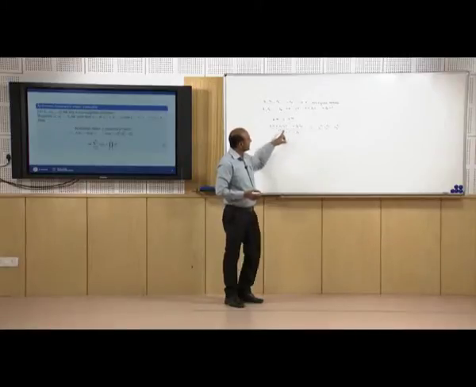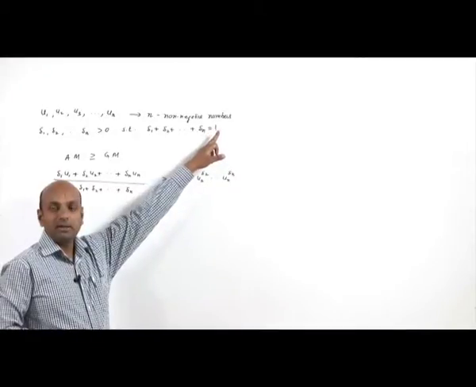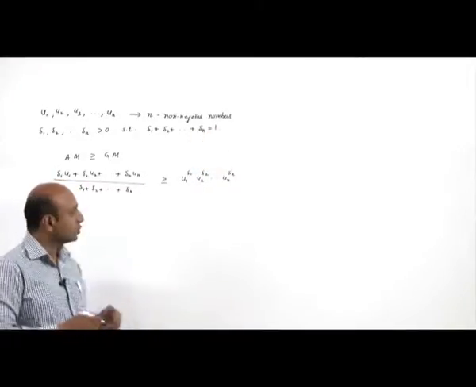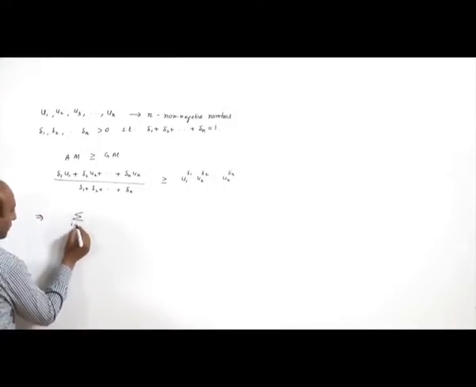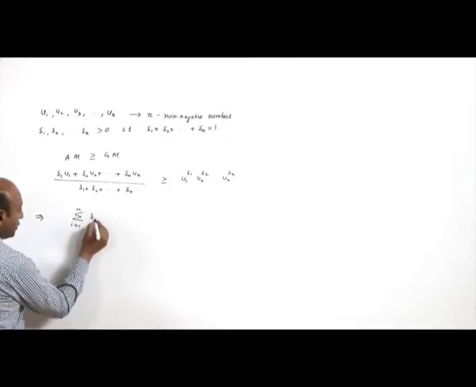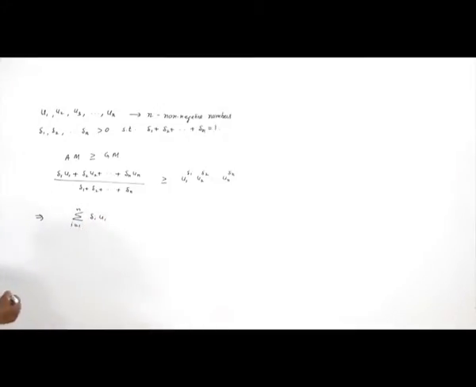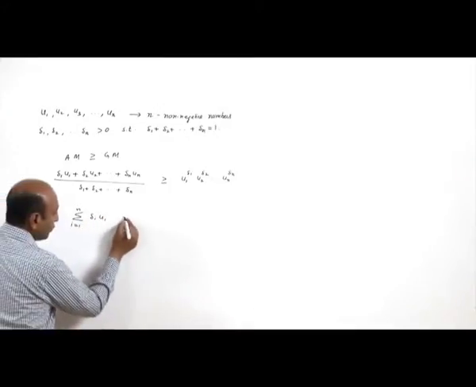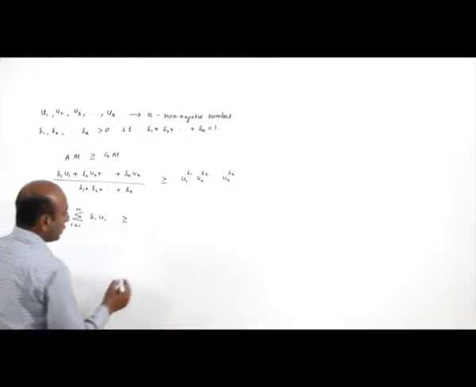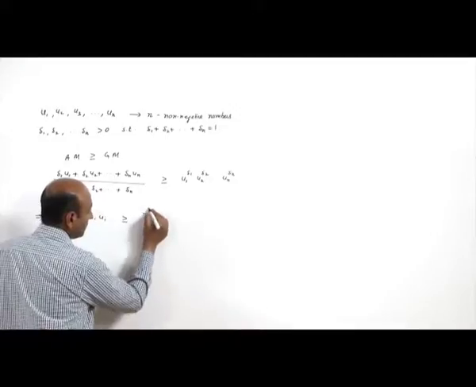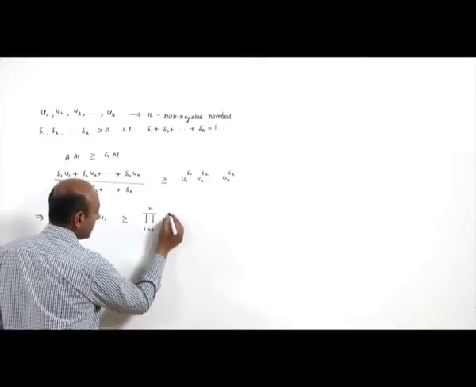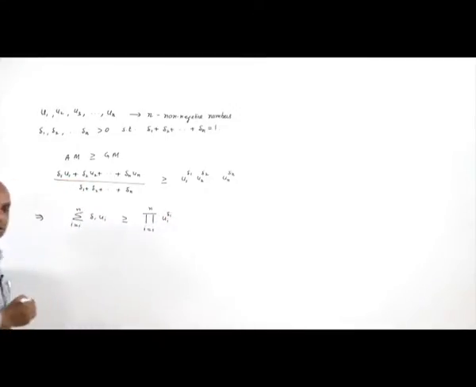Now, we are already assuming that the sum of the deltas is 1. So we can say that the sum of delta i ui, i varying from 1 to n, is greater than or equal to the product over i from 1 to n of ui raised to power delta i. This can be easily obtained from the previous expression.